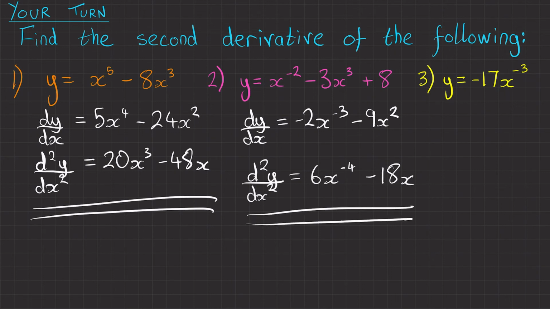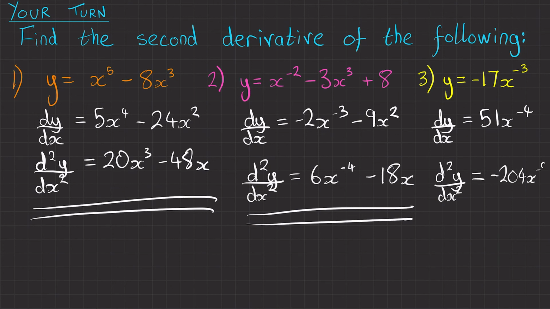There's our final answer for the second one. And finally, for the third question, let's find the first derivative, which is dy over dx equals 51x to the minus 4. And the second derivative, so the derivative of the derivative, d squared y over dx squared equals minus 204x to the minus 5.